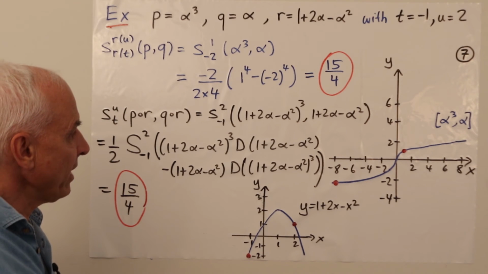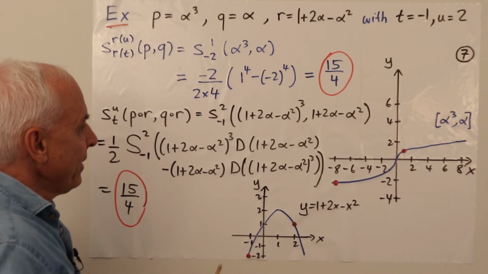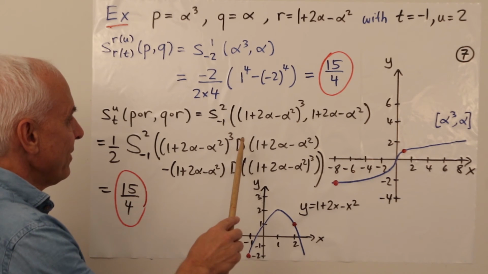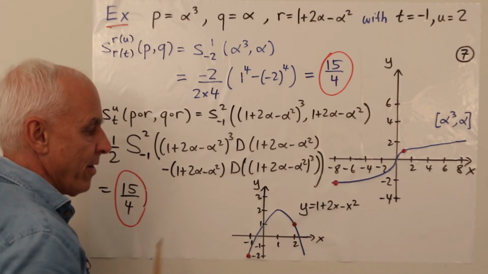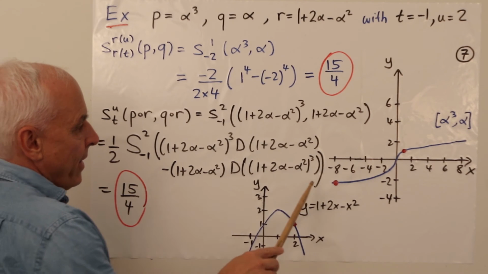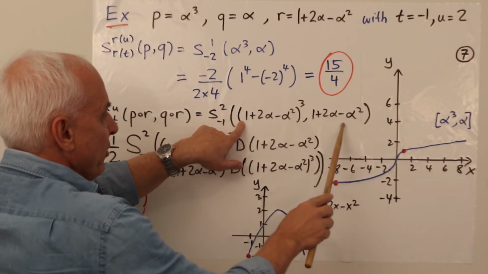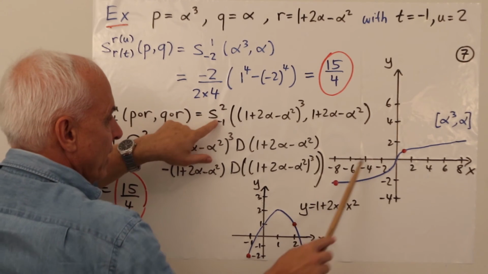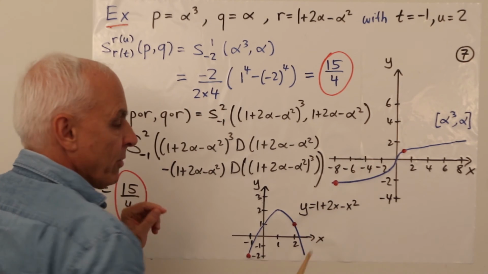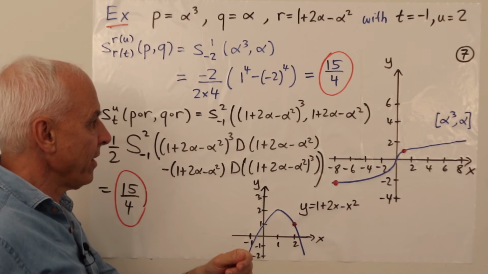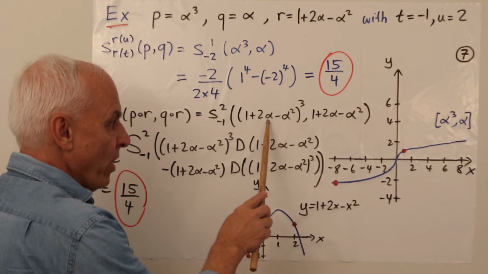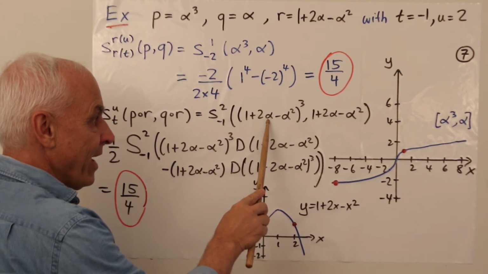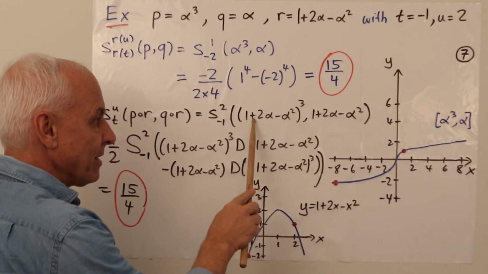So what's happening there is that if we look at this parametrization here, as the parameter is going from minus 1 to 2, yes, we go from here to here, but we do so in a rather roundabout way. When we are at the point alpha equals 1, then inside here we're going to get 2 cubed.